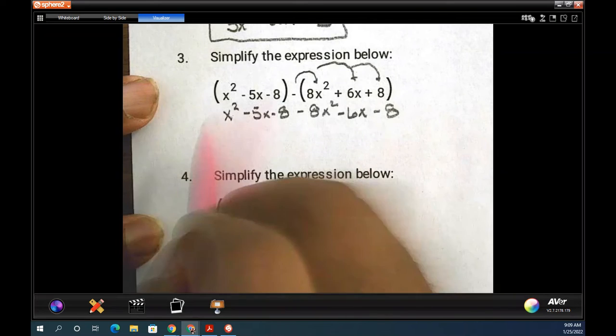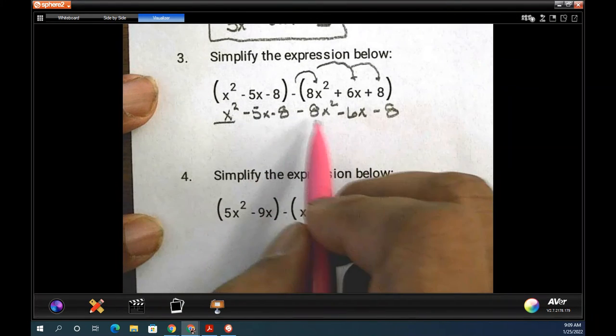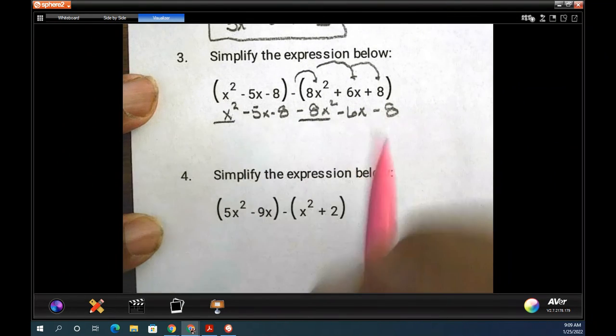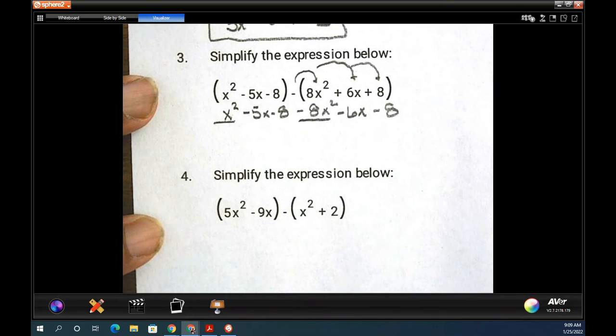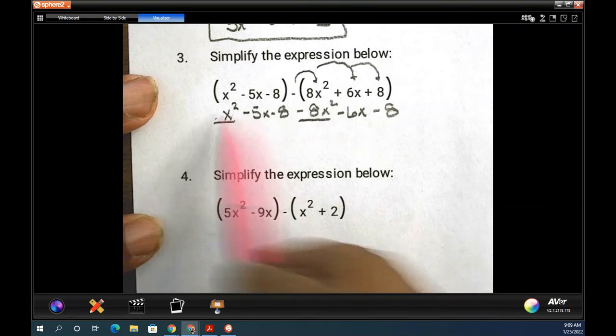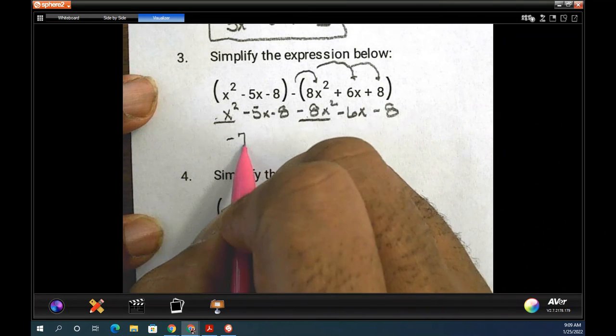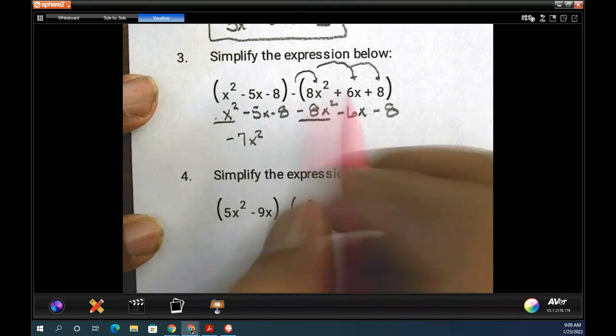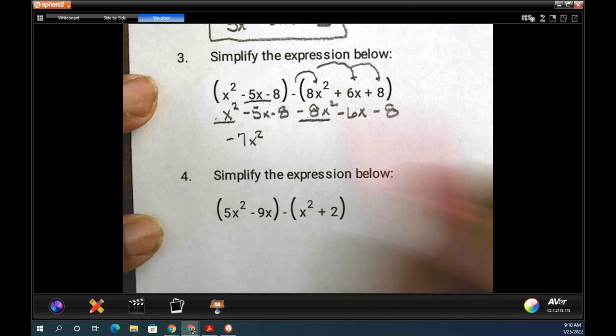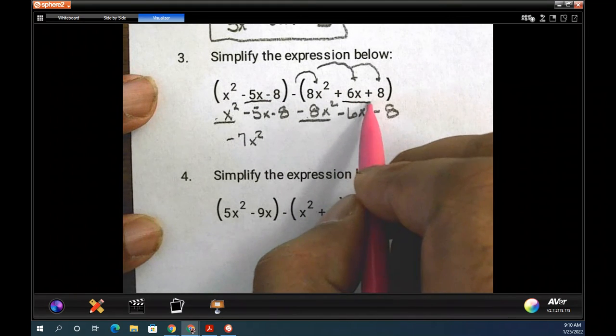All right. We have x squared minus 8x squared. That's 1 minus 8, so that's -7x squared. Then we have -5x and -6x.